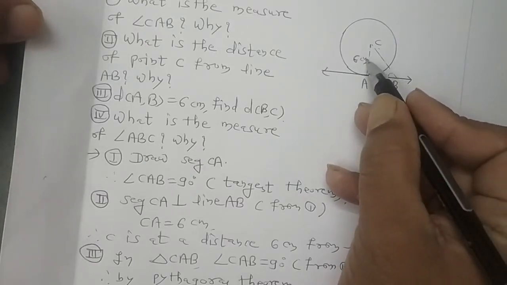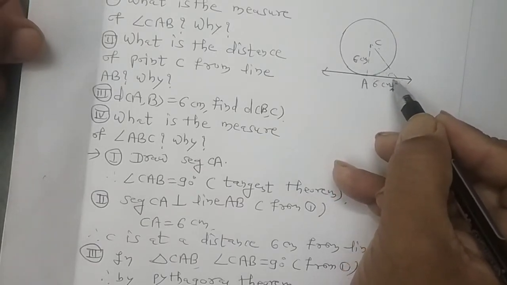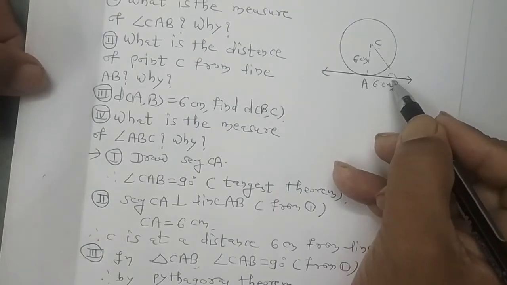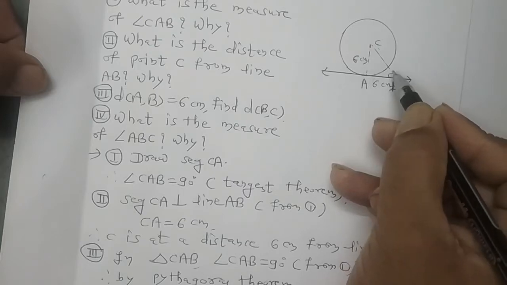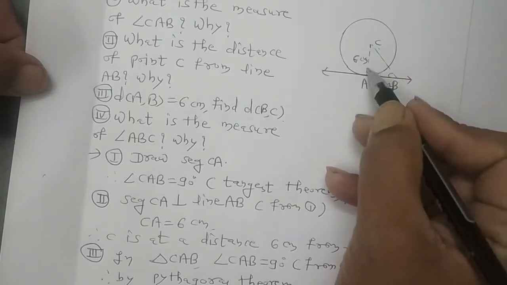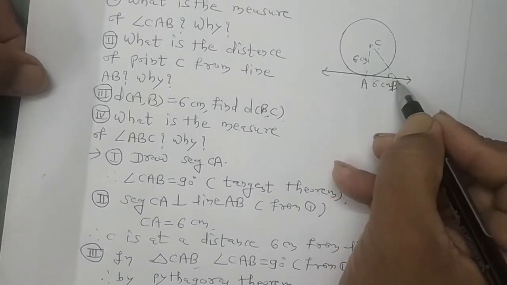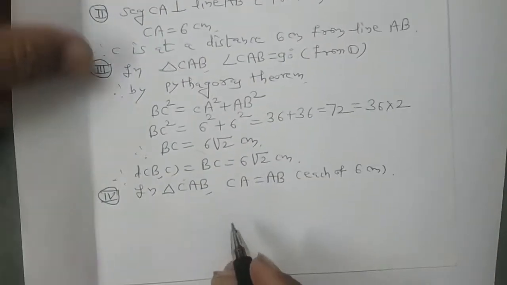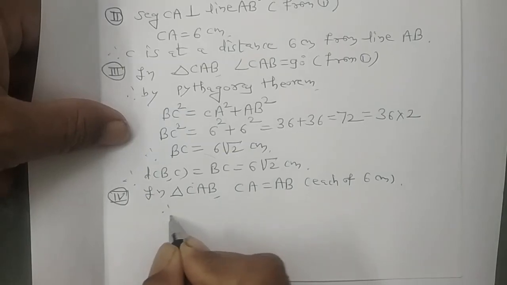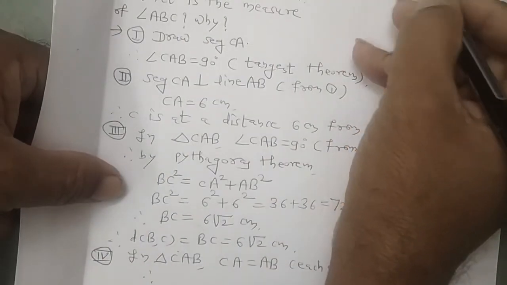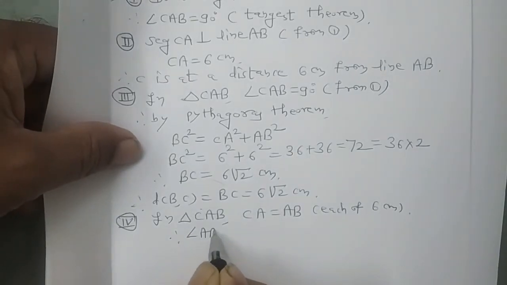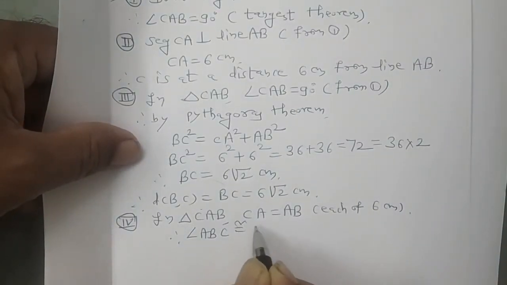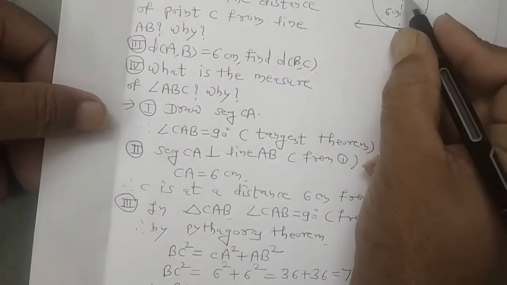Now these two are equal, and we know that in triangle, angles opposite to congruent sides are of equal measures. Therefore opposite side of this angle is AC. Opposite angle is ABC. Therefore CA, its opposite angle ABC, is congruent to angle ACB.